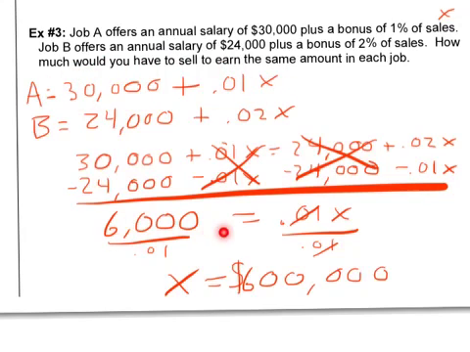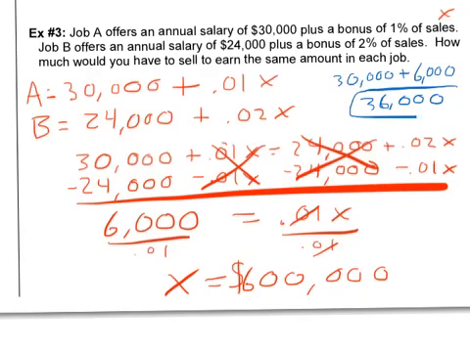Because if 6 grand divided by 0.01 is 600,000, then 600,000 times 0.01 is 6,000. So we have 30,000 plus 6,000, making my total salary 36,000. So not a great salary for a sales job, but there you go.